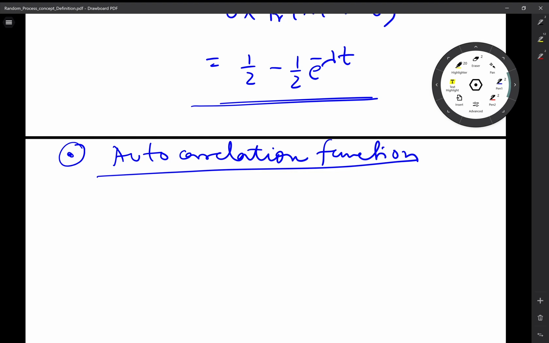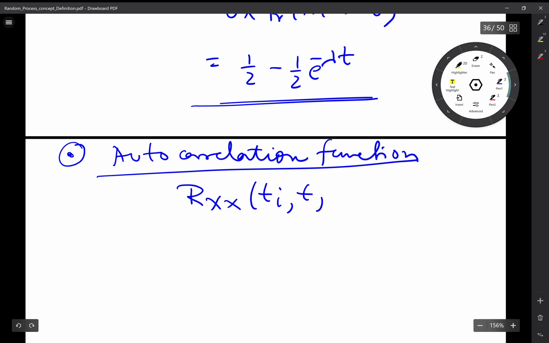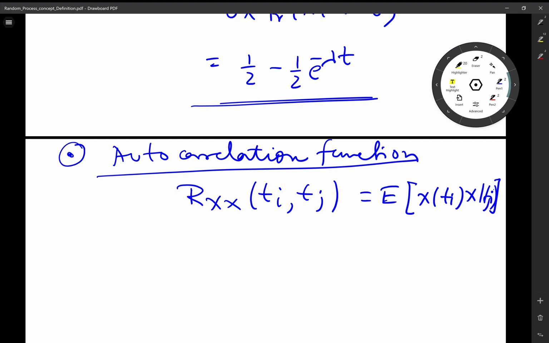What is the autocorrelation function? The autocorrelation function is R of X(ti), (tj) will be equal to E of X(ti) times X(tj). Okay, so at some point ti all population, at another point tj all population, and expectation over that.